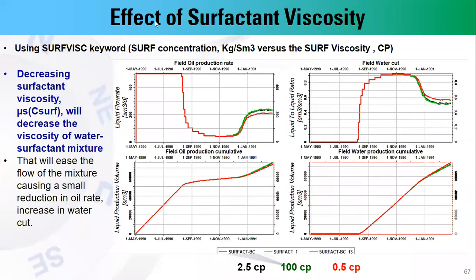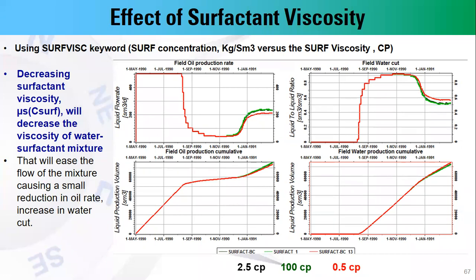So this is the effect of surfactant viscosity, as you can see. We have three different scenarios. In the red color, we have the lowest viscosity. In the green color, we have the highest surfactant viscosity.